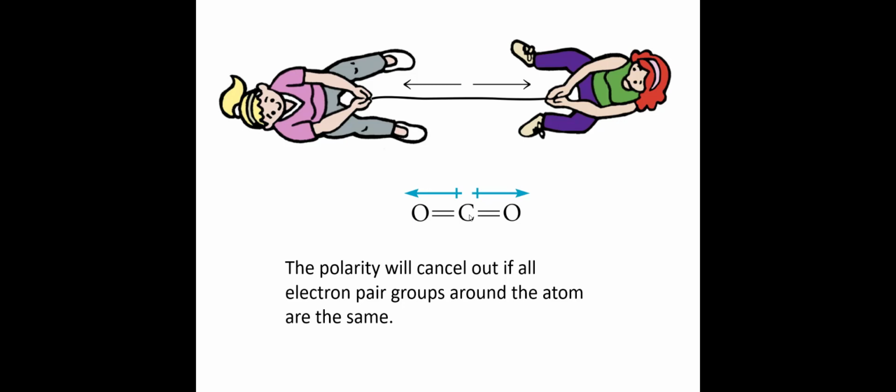Now let me expand on that. If there were a lone pair on the central atom, this would not be the case, because then the molecule would have been bent. The electrons would have been being pulled down, and there would be nothing to push back, pulling up. So this is something that you'll want to make a note of.